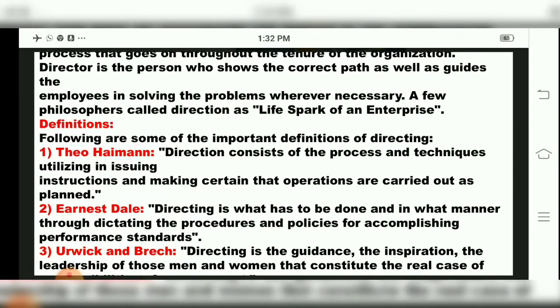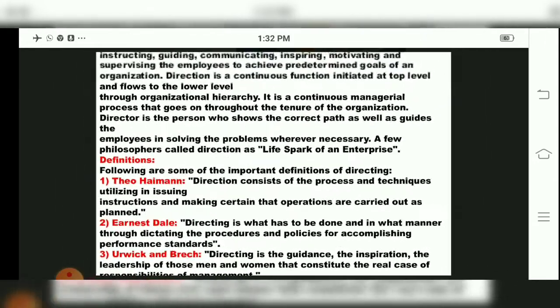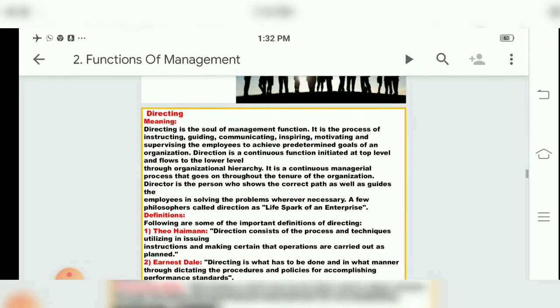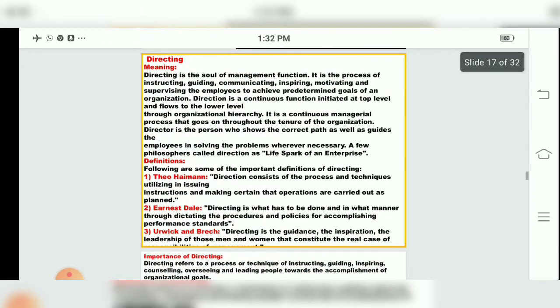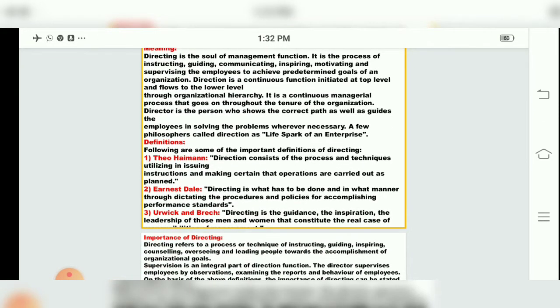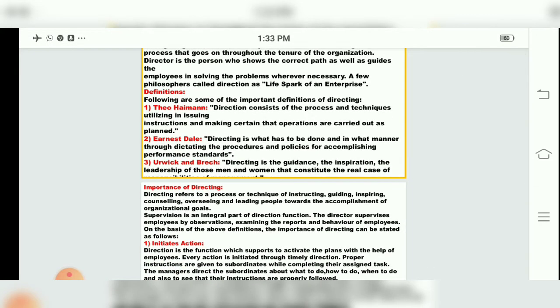So directing is the inspiration and leadership of those men and women who are working together and who take responsibilities of management, children. Three definitions are there: according to Theo Haimann, Ernest Dale, and Urwick and Brech. All three philosophers have different views.